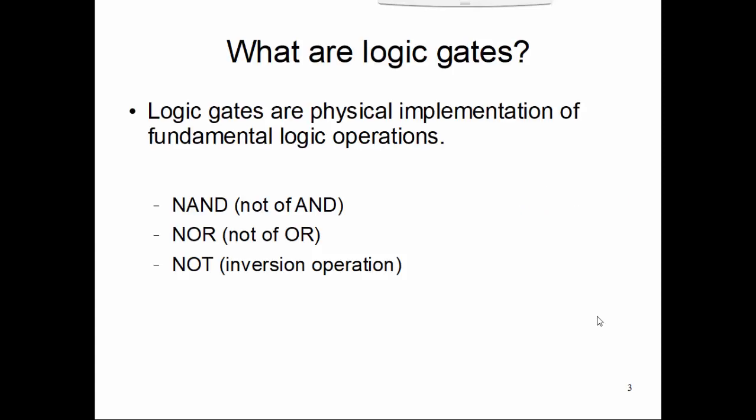So logic gates are physical implementations of fundamental logic operations. However, fundamental logic gates basically implement inverted operations. So we have fundamentally the OR operation, but in the electronics world we construct it more fundamentally as a NOR operation. And we have AND as a fundamental operation in Boolean algebra, but we can construct the NAND operation more fundamentally in the electronics world.